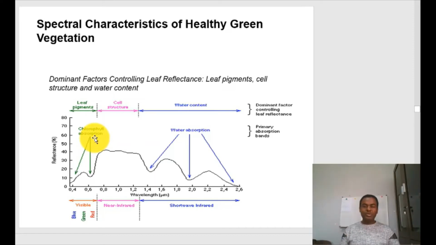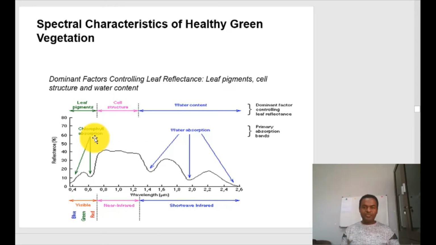So government usually takes your signature, okay, in order to identify you as Hermes or as somebody else. So it characterizes you, different from another person. So likewise, a spectral signature is the very important characteristics of vegetation.